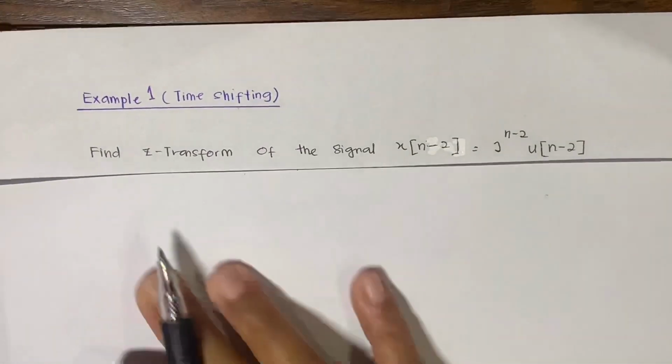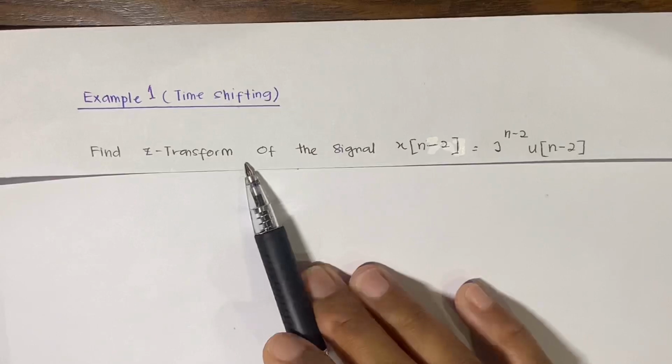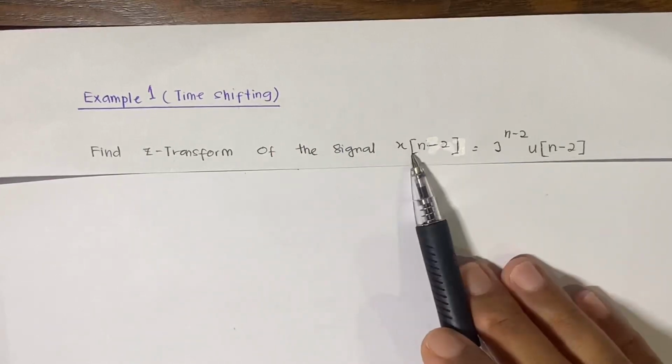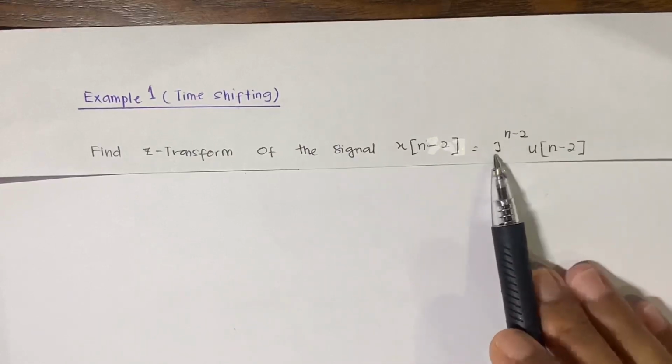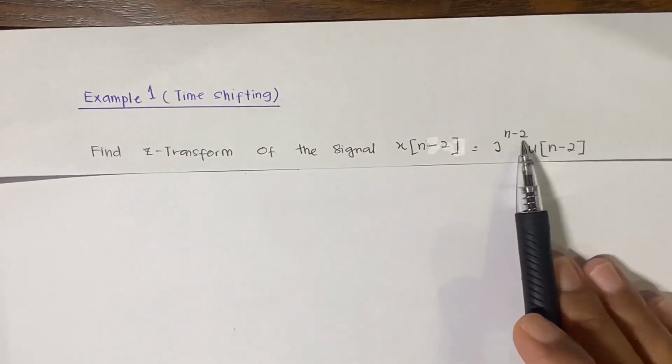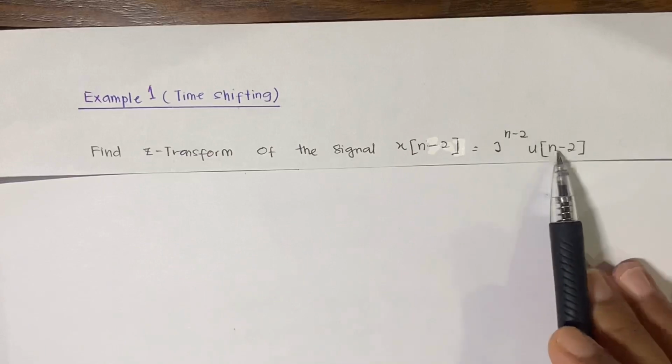This is example 1, a time shifting example. Find the Z transform of the signal x[n minus 2] equal to 2 to the power of n minus 2 times u[n minus 2].